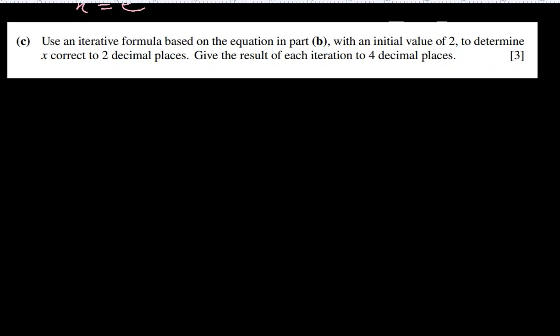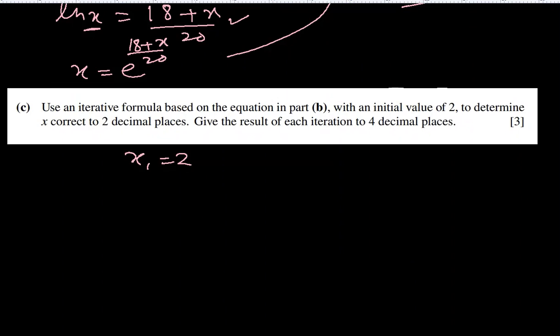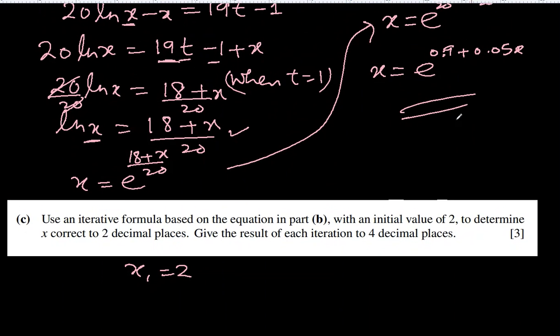C part. Use an iterative formula based on part B with an initial value of 2. So x1 is 2, that's what we have to use, and first we'll convert the formula we got into an iterative formula. The one which is isolated becomes x n plus 1, and the one on the right side is x n. So x n plus 1 equal to e to the power 0.9 plus 0.05 x n.